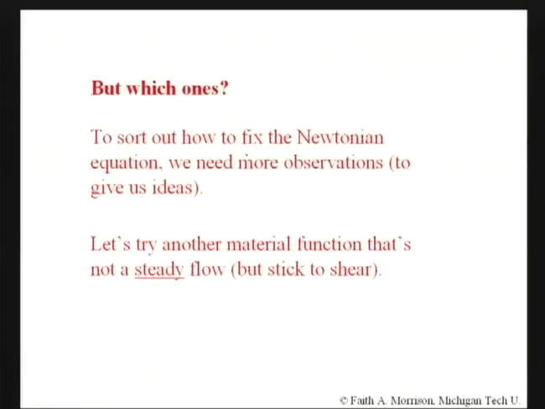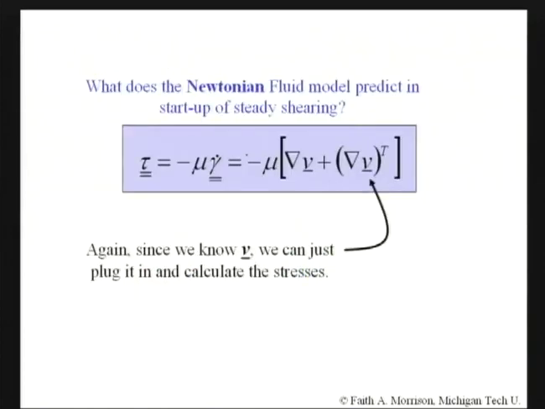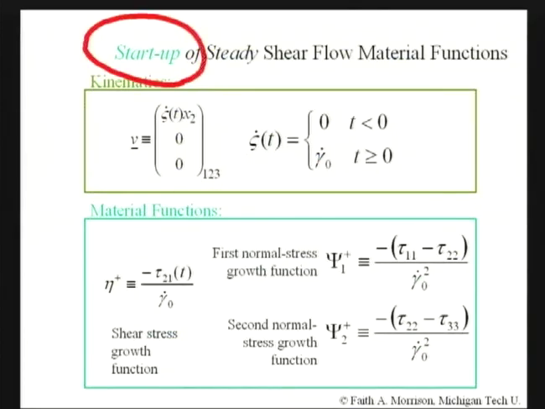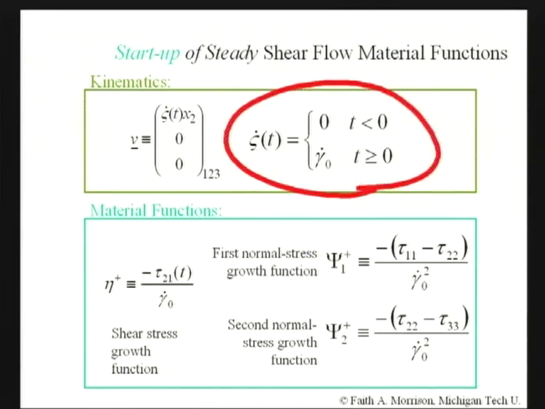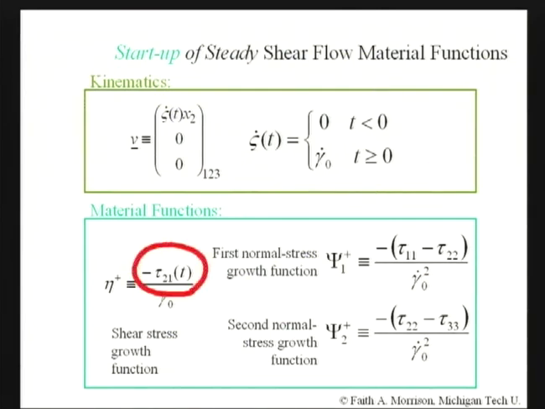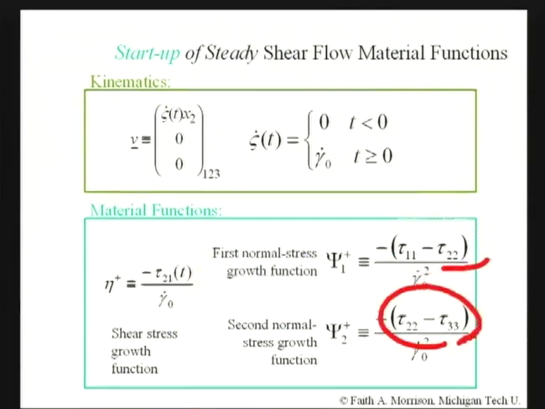So in order to figure out how to fix the constitutive equation, we need to look at material behavior under more conditions. So we went to the startup, which I've already discussed, where you start up the flow from rest and measure transient stresses.